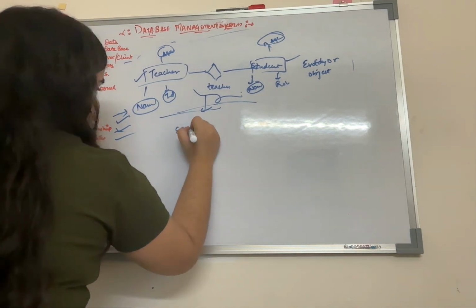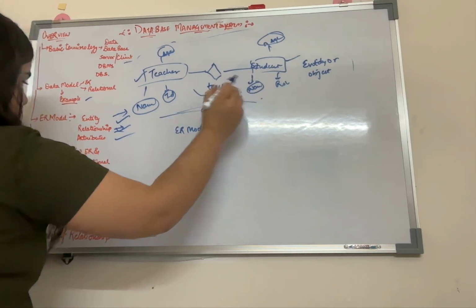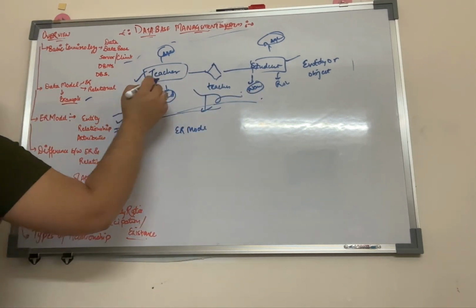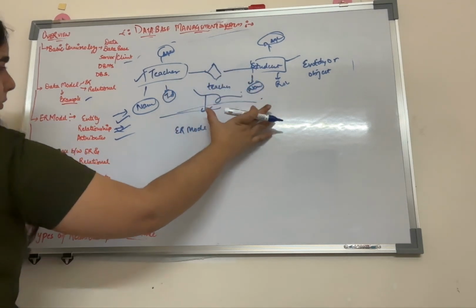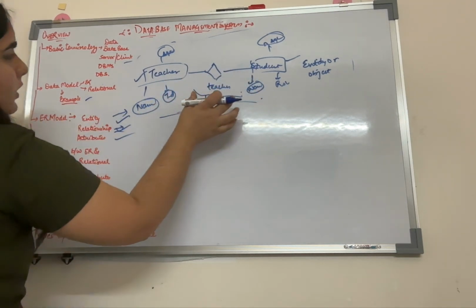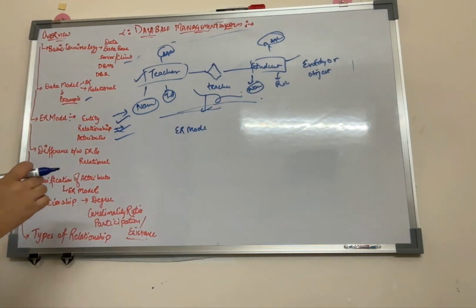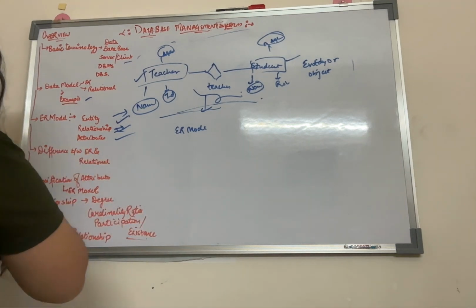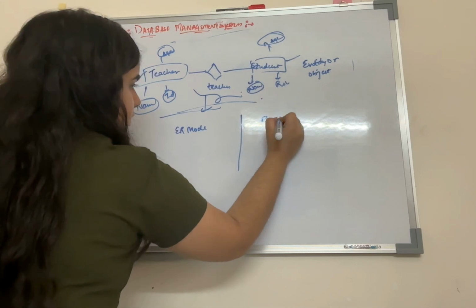Now the ER model is just the association between the entities, and entities are just participating in the relationship. These are the objects which are a part of the relationship. Okay, so the difference between the ER model and the relational model.